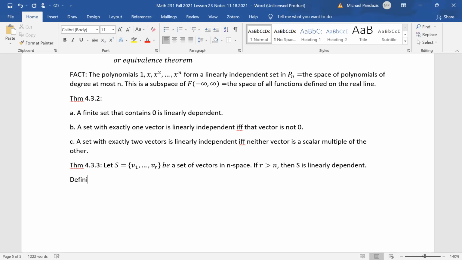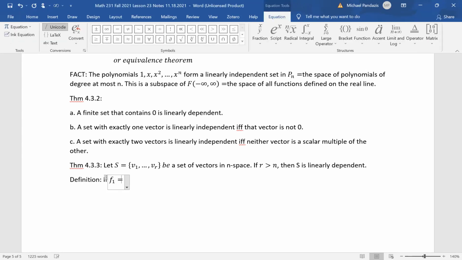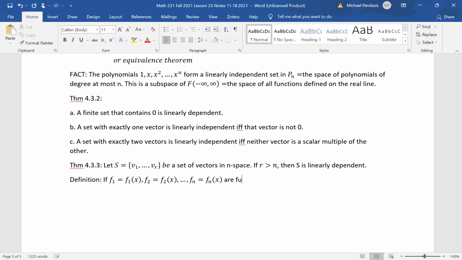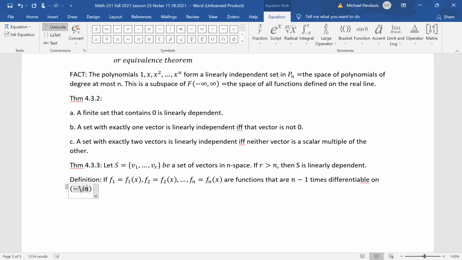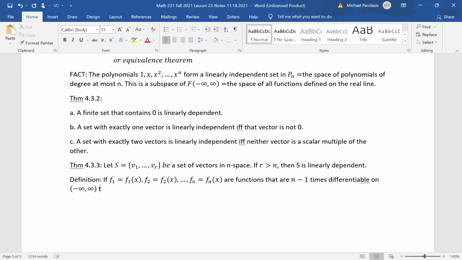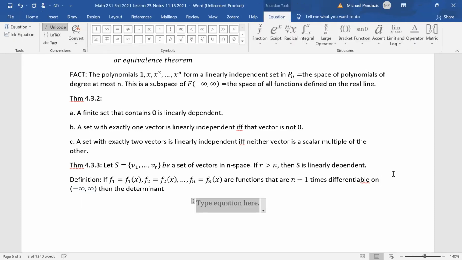Okay, so definition. If f sub 1 is equal to f sub 1 of x, f sub 2 is equal to f sub 2 of x, and so on up to f sub n is equal to f sub n of x, are functions that are n minus 1 times differentiable on the real line, negative infinity to infinity, then the determinant W of x is equal to the determinant of this matrix.